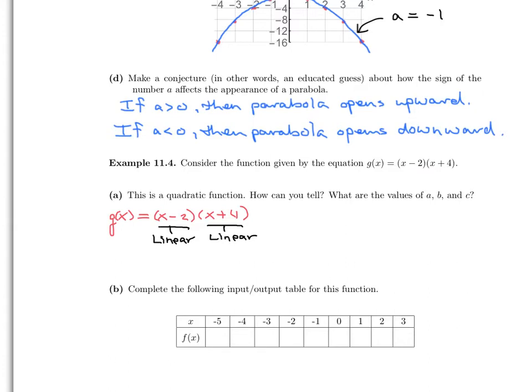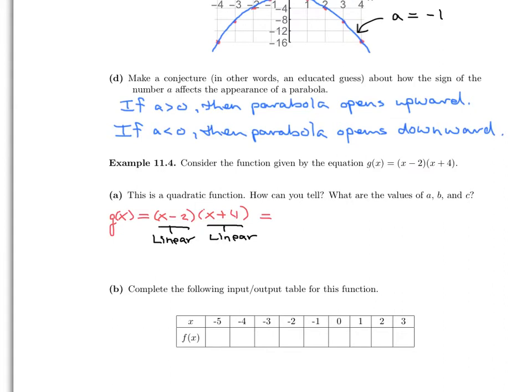So that's one way we can tell that this is a quadratic function. Another way we can tell is by multiplying out these two linear factors. We can use the distributive property to actually multiply this out. Remember, each term from the first expression has to multiply each term from the second expression.